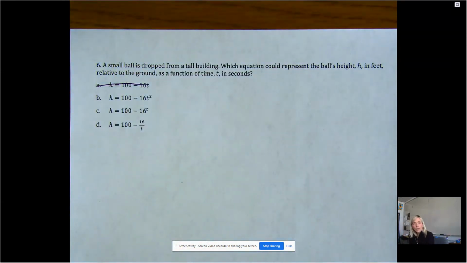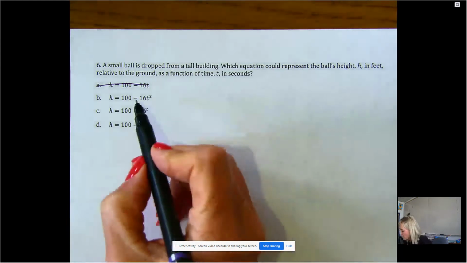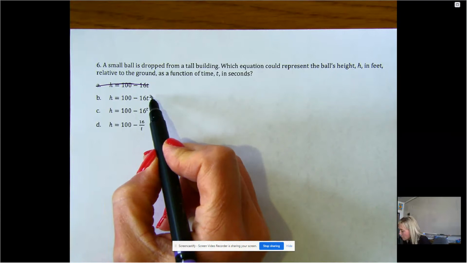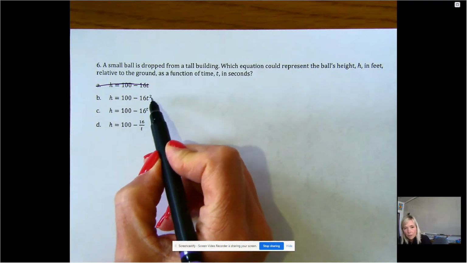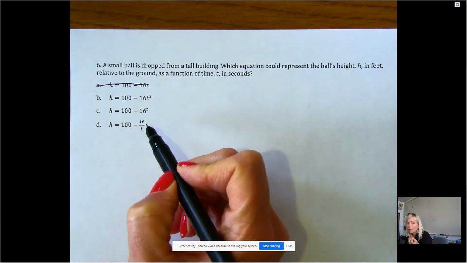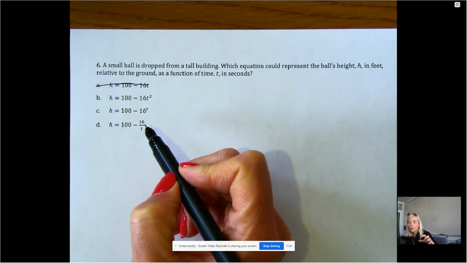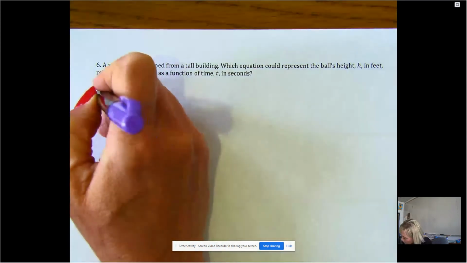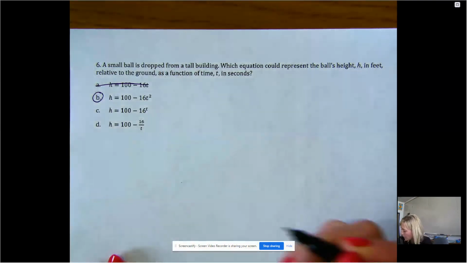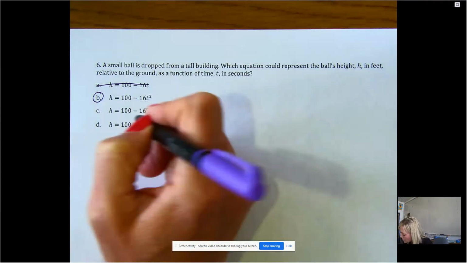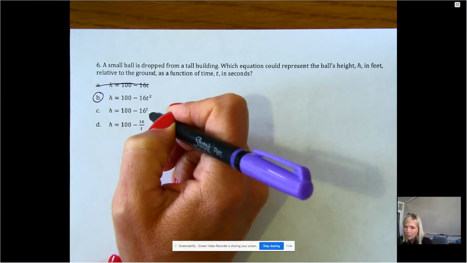And then for B, the ball is being dropped from a height of 100, and then we see this minus 16 t squared. So that t squared is going to get bigger and bigger, which means it'll travel by more and more each time. So it is B. And then just to wrap this up, C is an example of an exponential function.